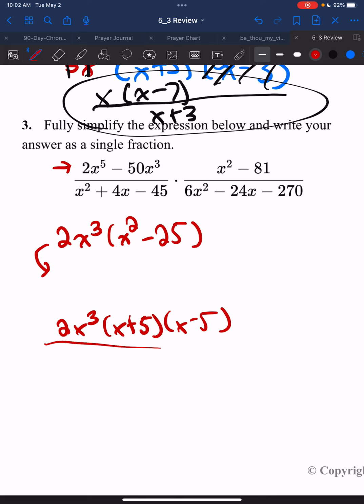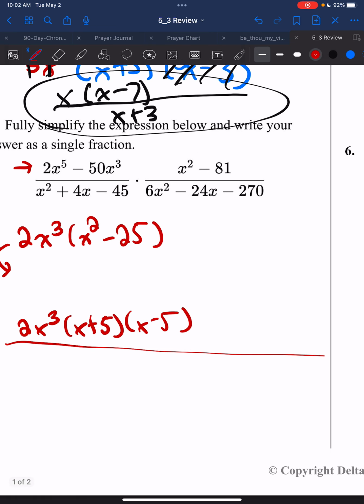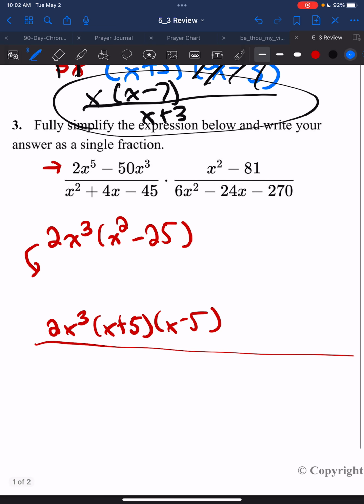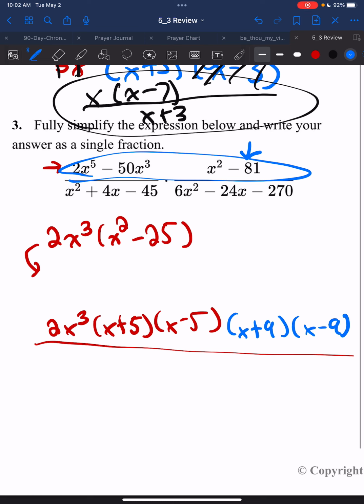Okay, so this is my big fraction here. And then for this part right here, I'm just going to go ahead and combine these two together. And this x squared minus 81 is going to become x plus 9, x minus 9.